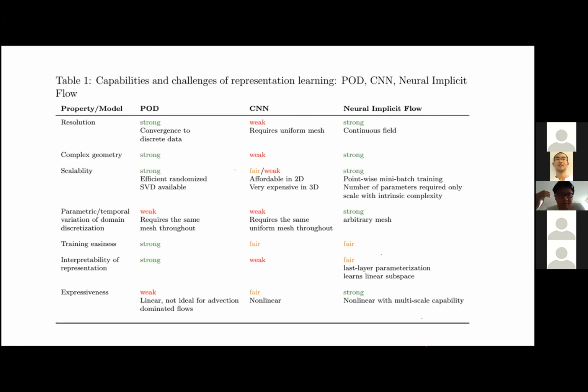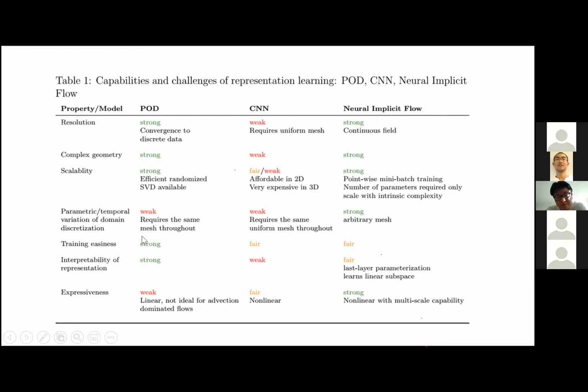In terms of parametric and temporal variation of domain dispositions, obviously, as I have mentioned many times before, Neural Implicit Flow outperforms the other two algorithms in these categories. In terms of training easiness, POD is easy to train and easy to code. CNN is kind of fair, but Neural Implicit Flow takes much longer to train than CNN and POD.